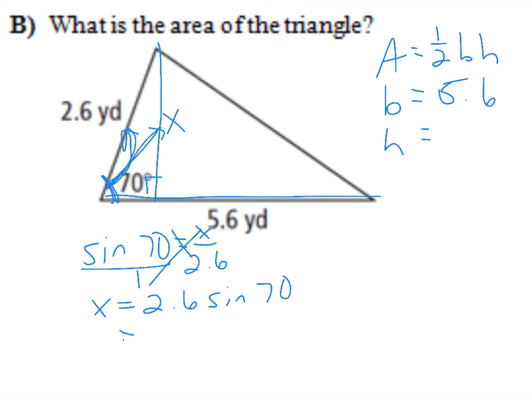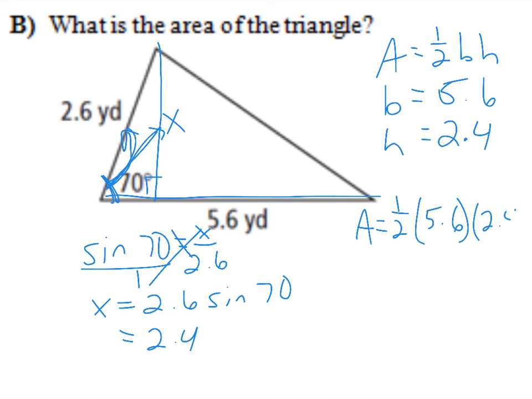And if I type that into my calculator, I get that x is about 2.4. So my height is about 2.4. So if I plug that into my area formula, I've got 1/2 times my base of 5.6 times my height of 2.4. I get an answer of 6.72 square yards.